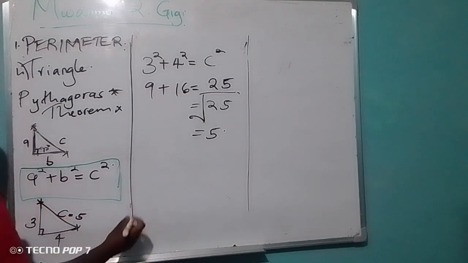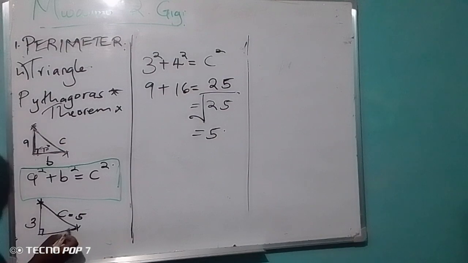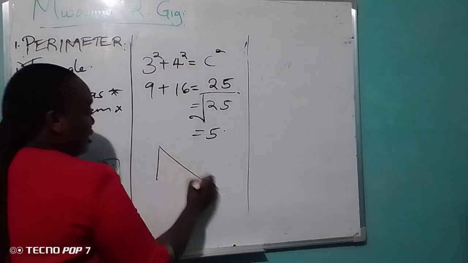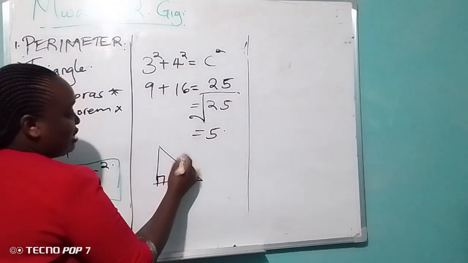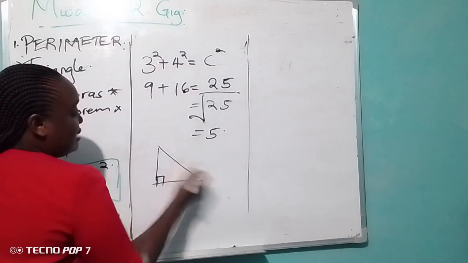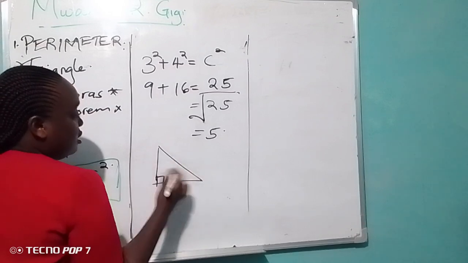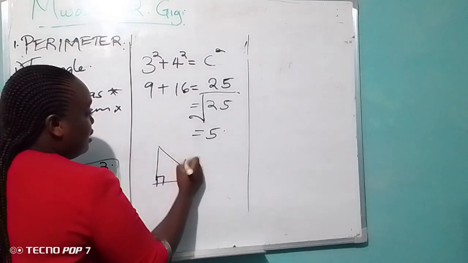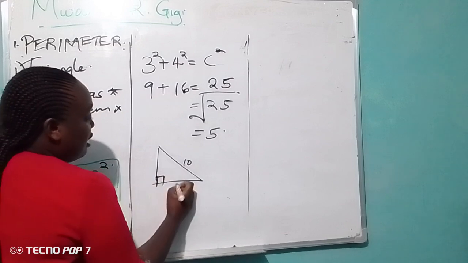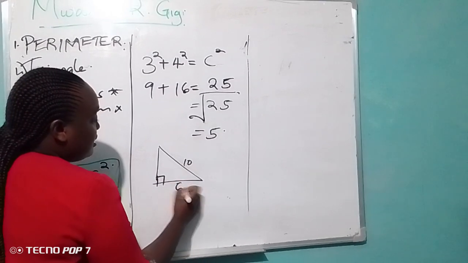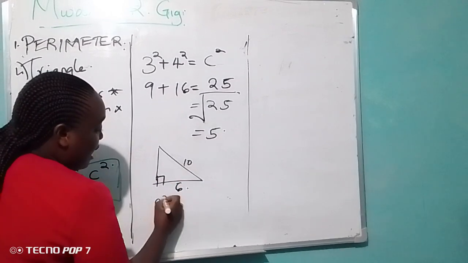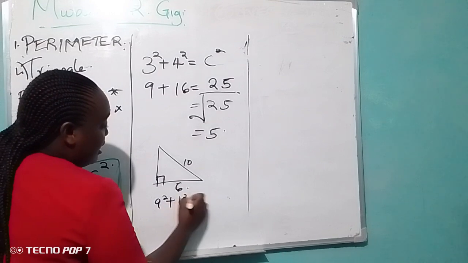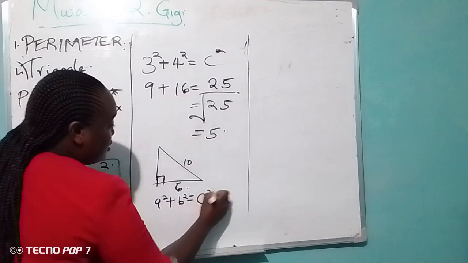So for instance, wacha tufanye example ingine. We apply the Pythagoras theorem. Sasa tuko na hapa, let's just do a complicated one, 10. Then this side we have 6. So it's a squared plus b squared is equals to c squared.